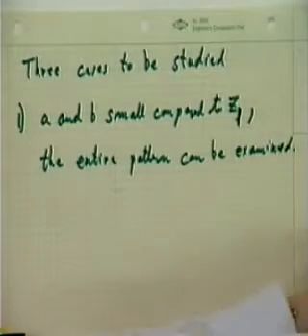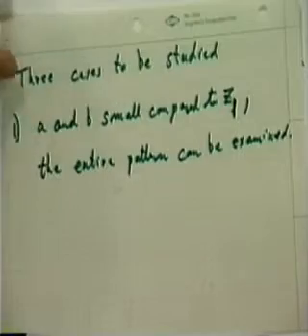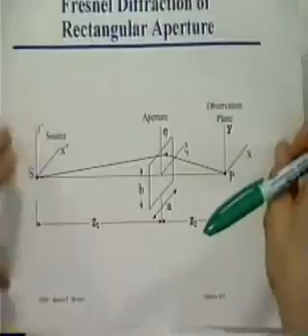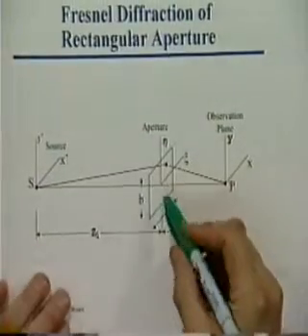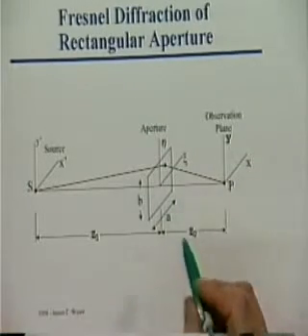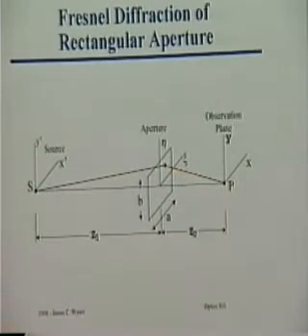Okay, so we're saying that A and B are small compared to Z1, then we can look at the entire pattern. So what are A and B is the question. Remember, A and B were the dimensions of our aperture here. A is the width, B is the height.